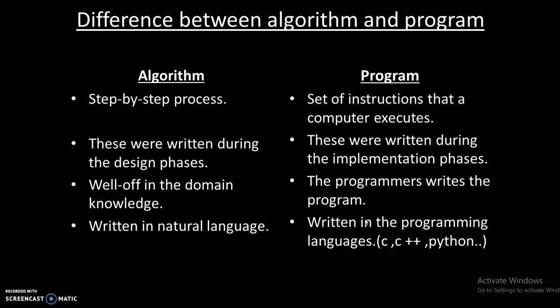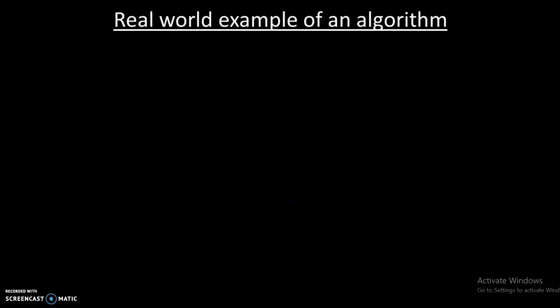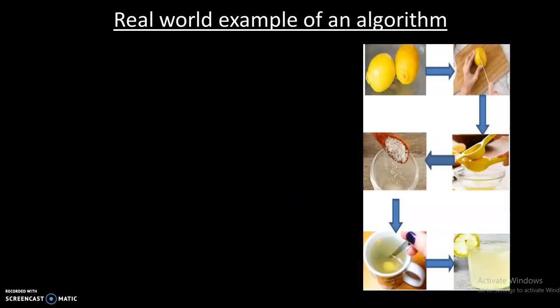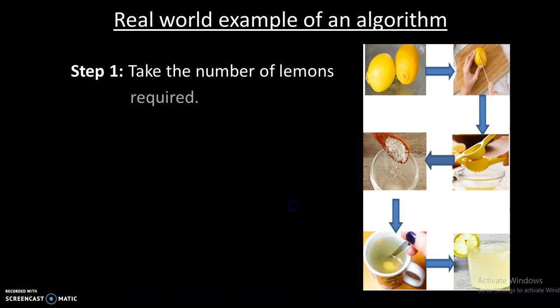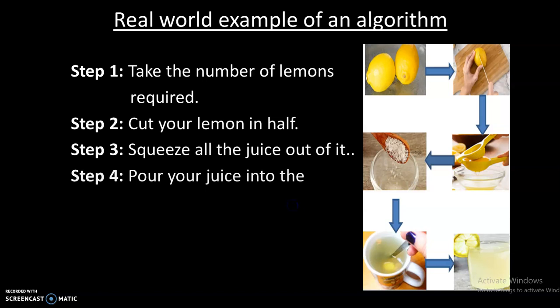But in this case, the programs are written in programming languages like C, C++, Python, Java, or any other programming language. Now, let us see a real-world example of an algorithm. Here, I have taken the process of preparing lemon juice.